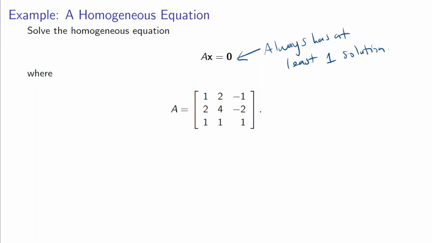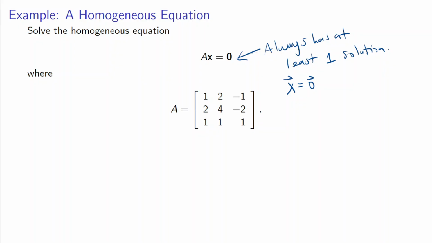If you'd like to think about that for a second, I encourage you to pause the video here and see if you can think about why that is the case, and maybe you can come up with that particular solution.